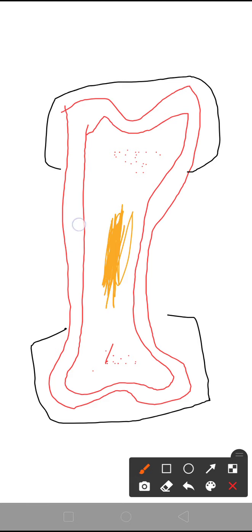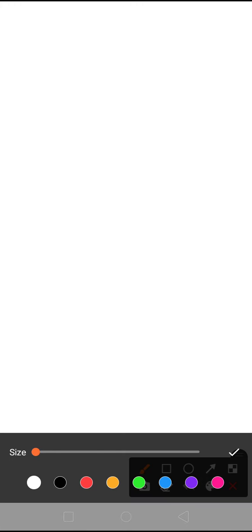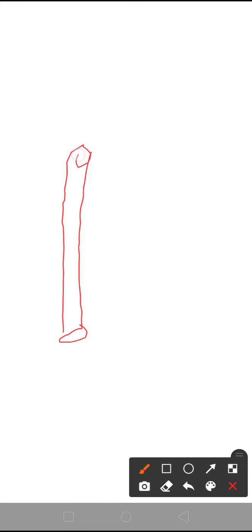So let us discuss the structure of this bony matrix. In this part two types of canals are found. There is a canal like this, and they run parallel and longitudinally.